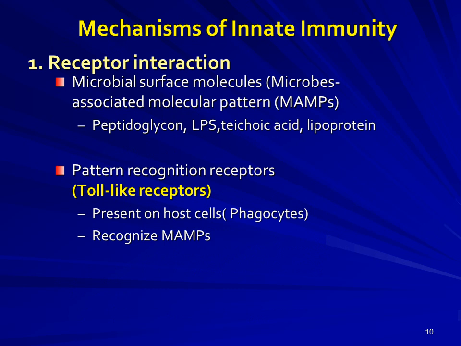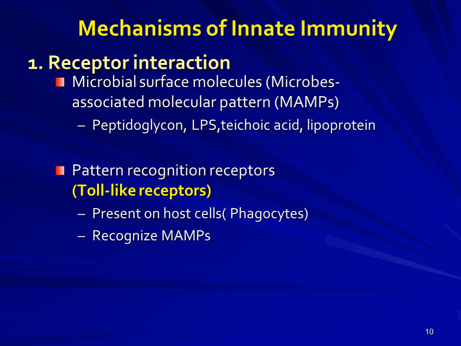And regarding the mechanisms of innate immunity, there are seven mechanisms. The first one among them is the interaction between the receptors. What are those receptors? The microbial surface molecules, named microbes associated molecular patterns, MAMPs, are peptidoglycan on the cell wall, lipopolysaccharide, teichoic acid, and lipoprotein, which are present on the cell wall of the bacterium.